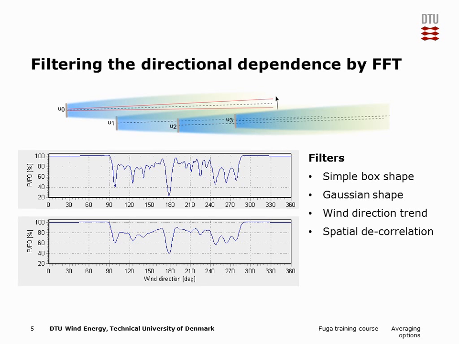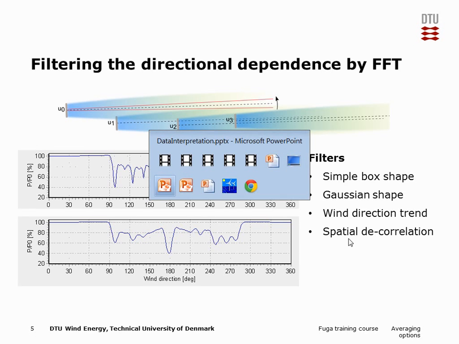That was actually the first thing we did, and you could say that it would be a sort of poor man's meander model. And we could also do it with Gaussian shapes. To do that efficiently, we actually calculate the solutions for all the directions, and then we use a filter and do it in Fourier space. That's faster. And then there are also two additional corrections, which I'll go through in another presentation.